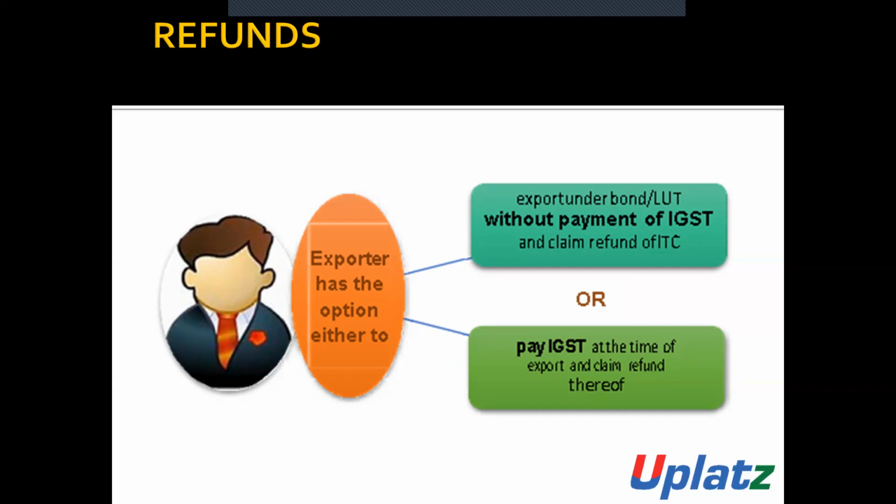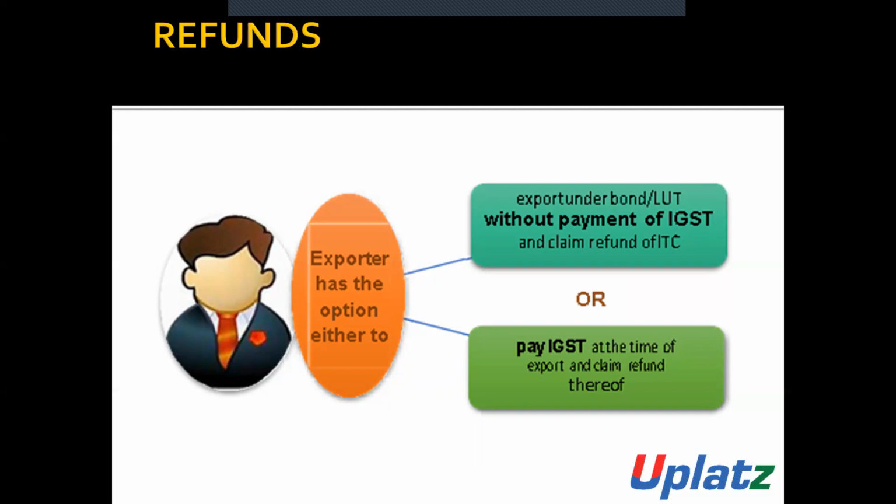Number two, he can export through the payment of tax, means he will pay the amount of IGST because it is an interstate supply. So there is a requirement to pay IGST.